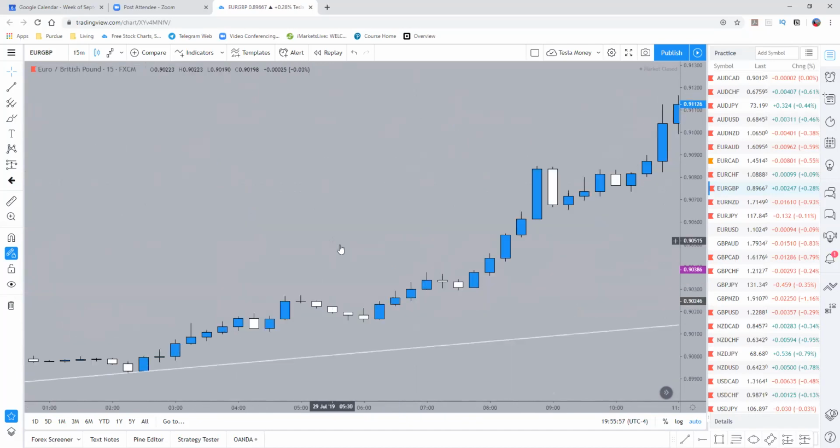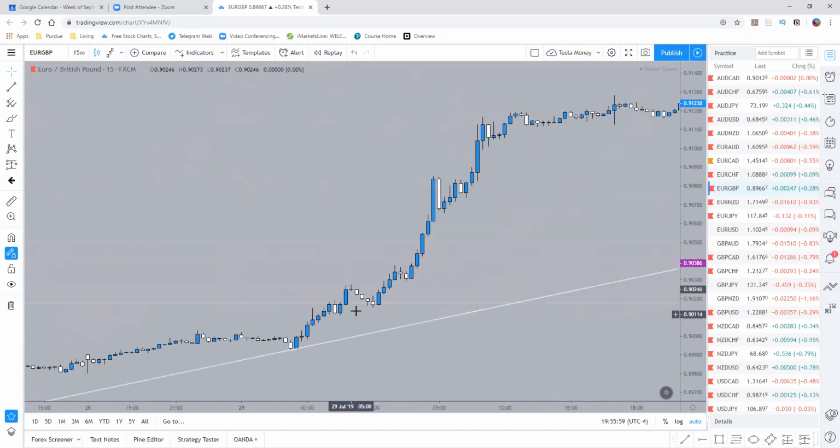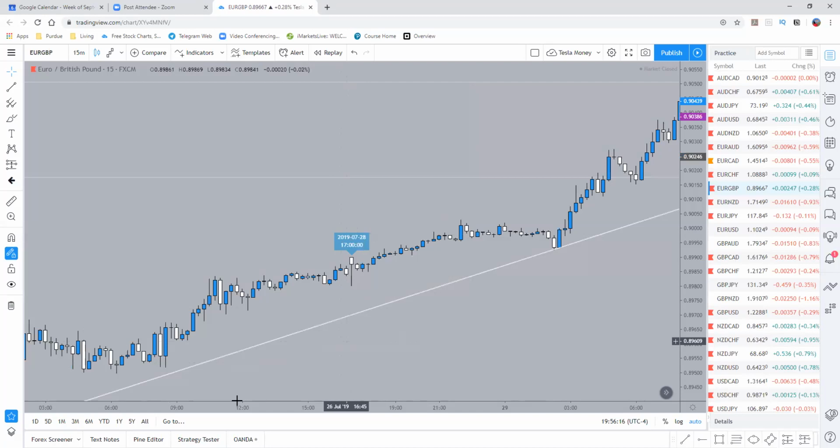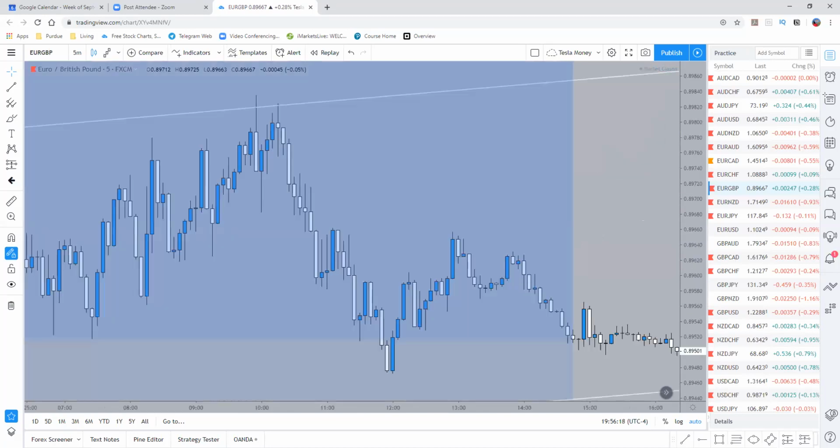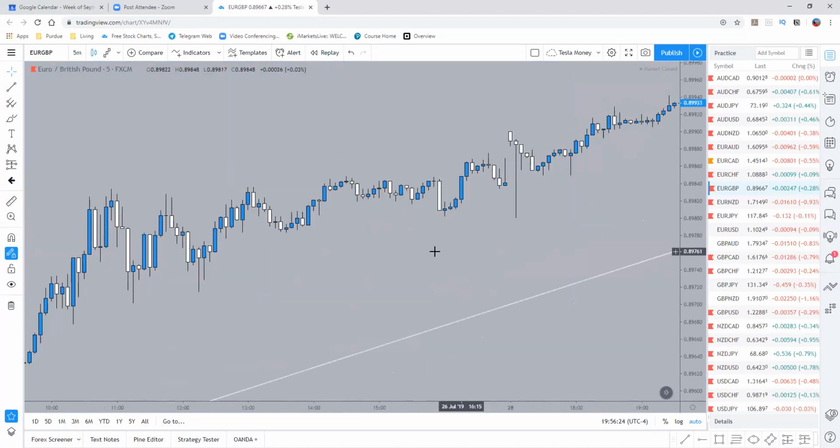Okay, so right here, you can see we have a smaller impulse, a smaller correction. There's a little mini impulse right there. If I went down to the 5 minute, this would be kind of hard to see, or it might not even go back that far. Let me see if it does. Okay, perfect.